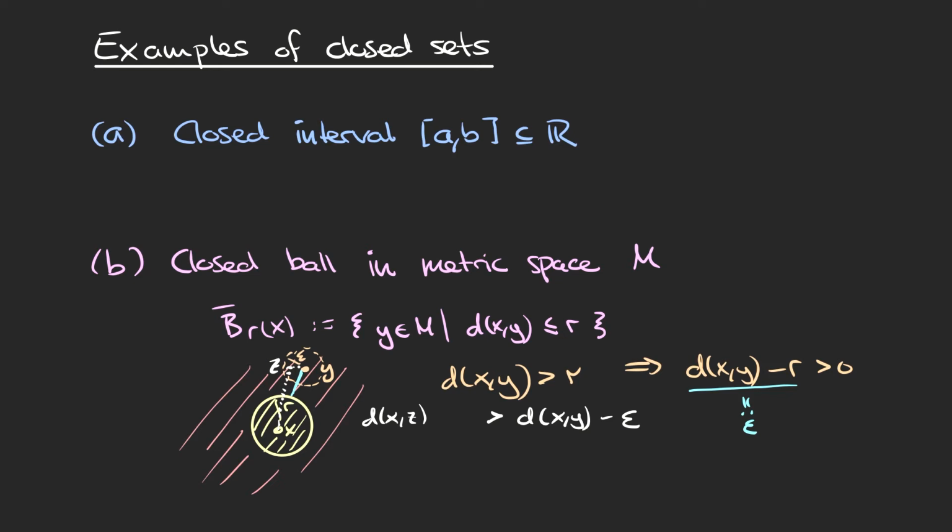And we have this strict inequality for the distance between X and Z. Now we remember that we defined epsilon to be the distance between X and Y minus R. So in fact, the right-hand side of this inequality is just the distance between X and Y minus the distance between X and Y minus R. And this is equal to R. And now we've shown that the distance between X and Z is strictly greater than R, which means that Z is not contained in this closed R ball around X. Therefore, the open epsilon ball around Y is completely contained in the complement.